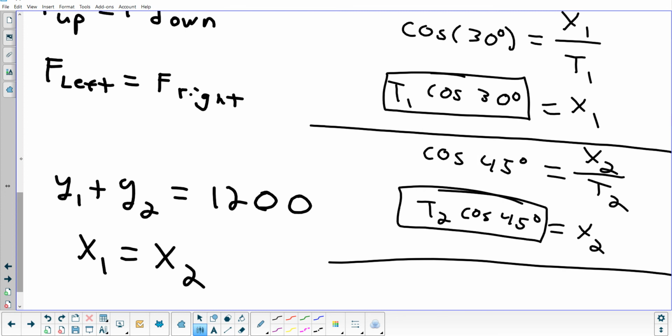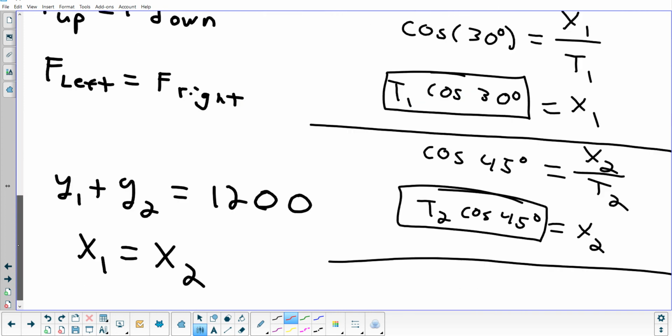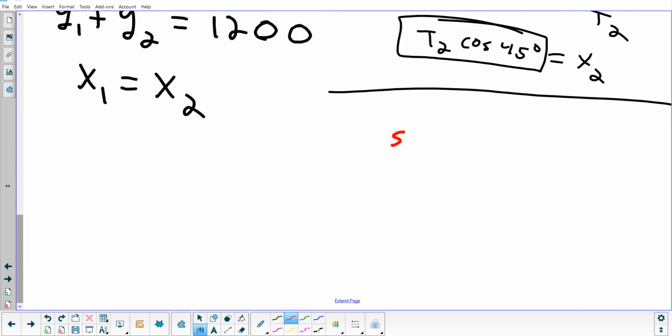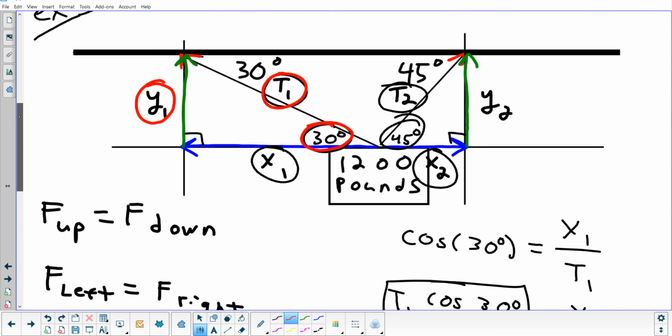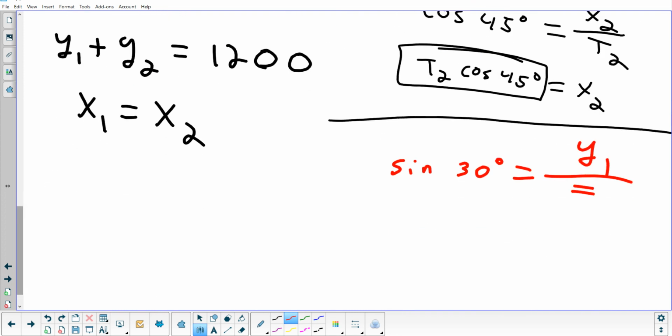I'll do it for the y's. All right, so focus on y1, this angle, and T1. What trig function would we use for the red circles? Sine. So sine of 30 degrees equals, and what would go on the other side? Y1 over T1.